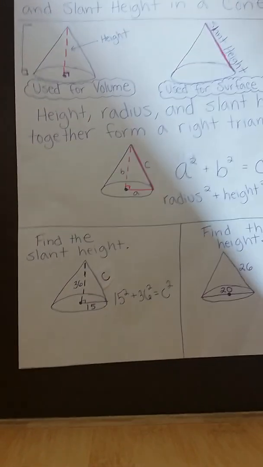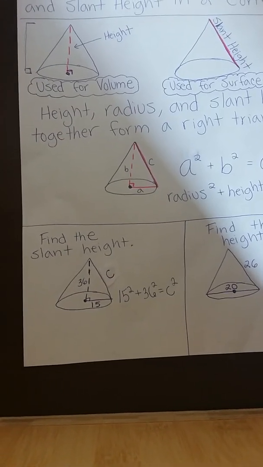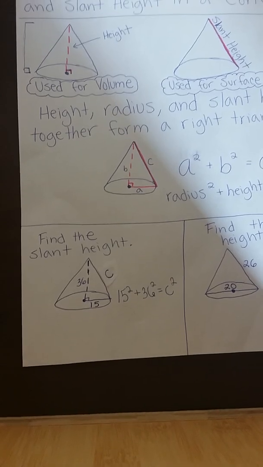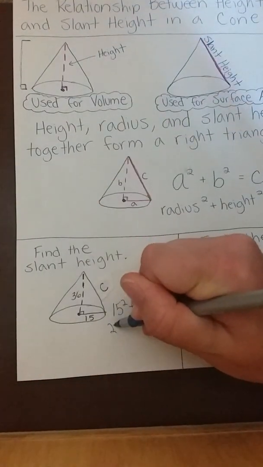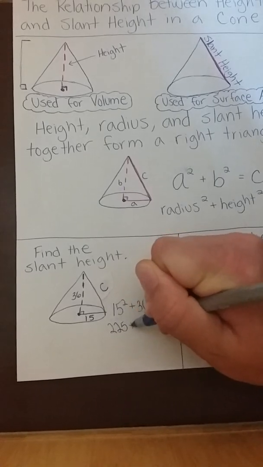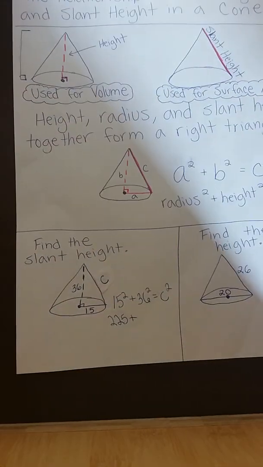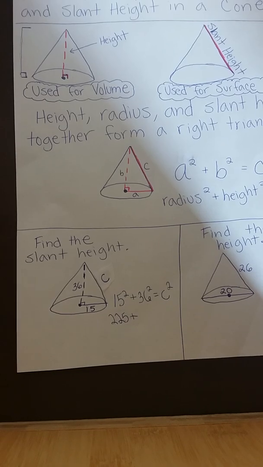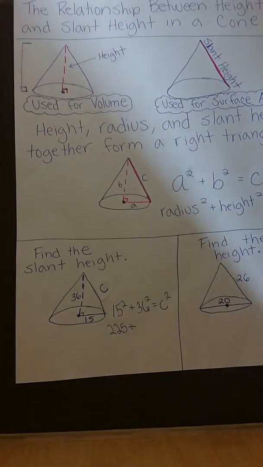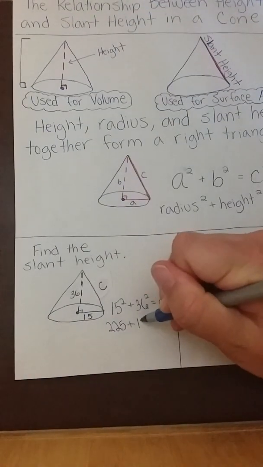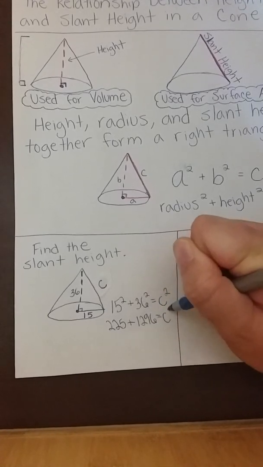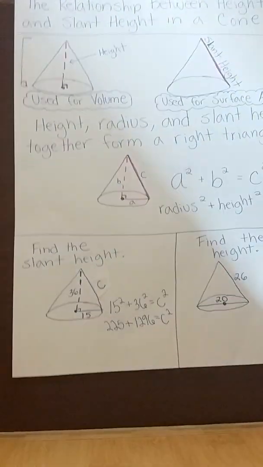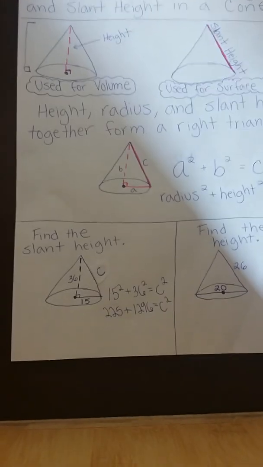I'm going to go ahead and square 15 and square 36. 15 squared is 225. So this is now 225 plus 36 squared is 1,296. So 1,296 equals c squared.